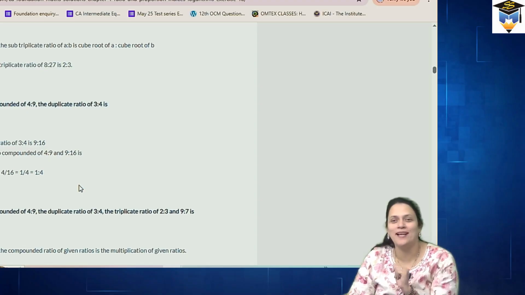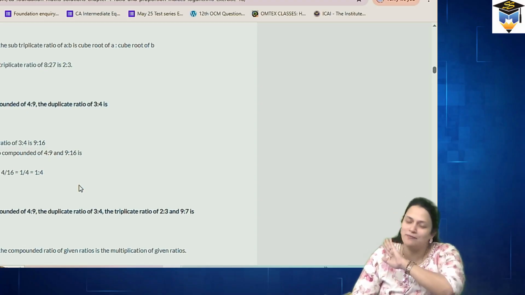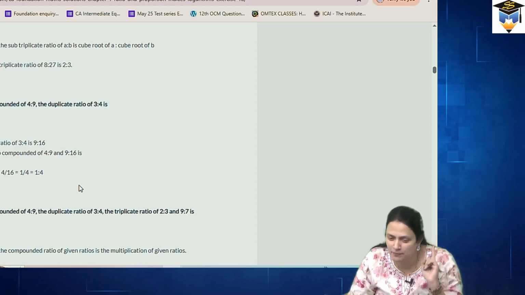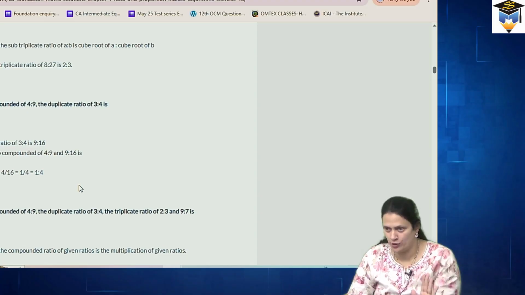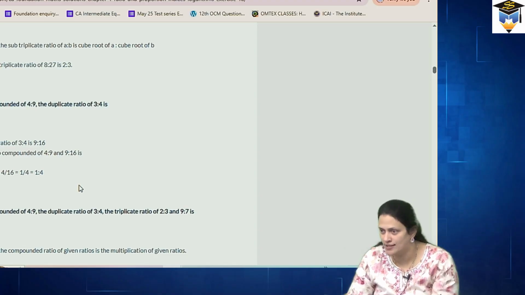Add nahin, multiply karna hai hamesha. Add kabhi bhi nahin karna hai. You have to multiply. So see, now 4:9 is a given ratio, but you have to find out the duplicate ratio of 3:4. So when we say 3:4, it has to be 9/16.